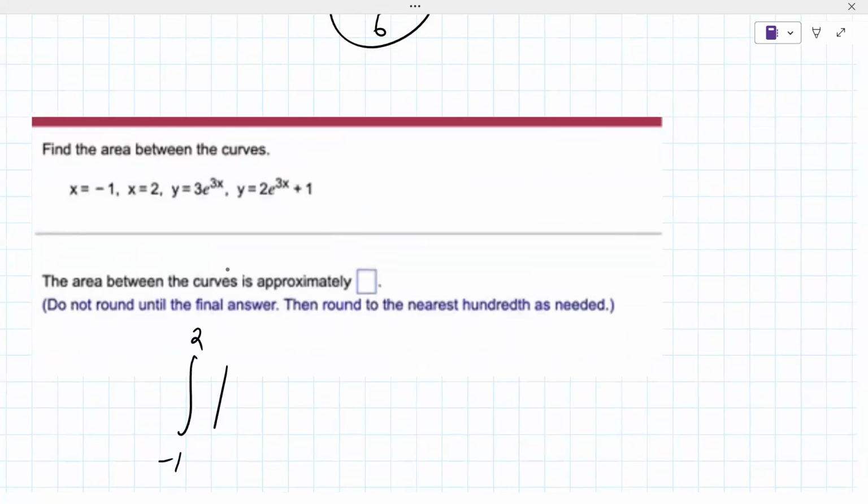You go integral -1 to 2, absolute value, 3e to the 3x minus parentheses 2e to the 3x plus 1. Forget the absolute value.